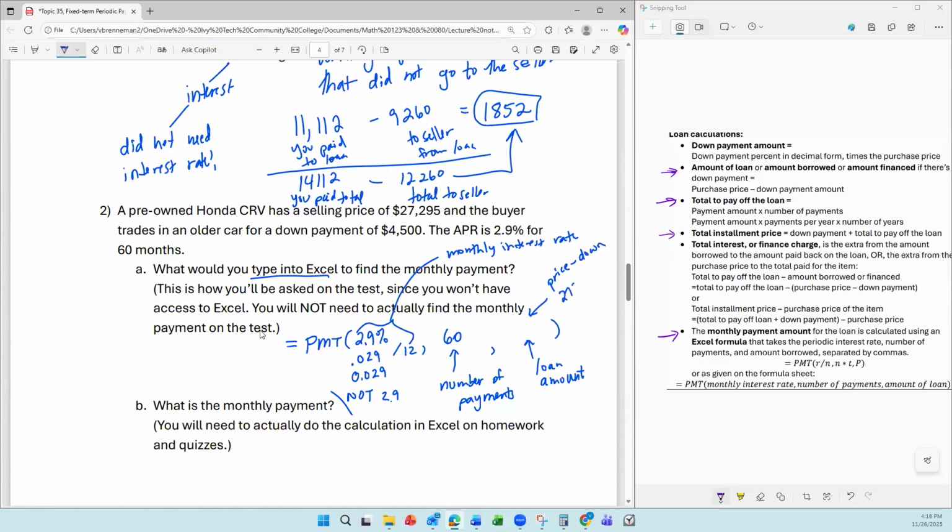So 27,295 minus 4,500 is 22,795. Super important, no comma in there.